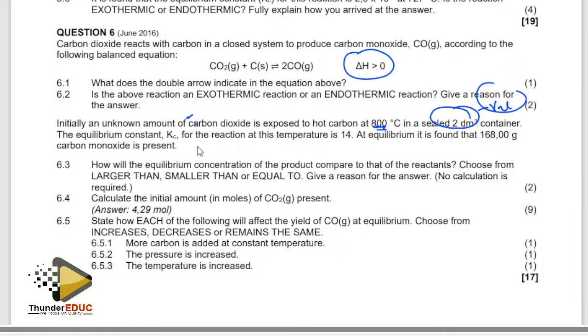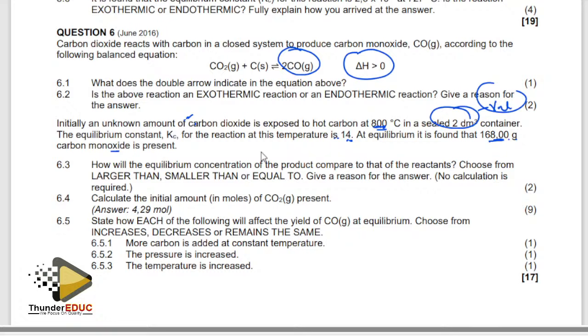Then they are saying that at constant temperature, for the reaction, Kc is equal to 14. At equilibrium, it was found that there were 180 grams of carbon monoxide. At equilibrium, you understand?